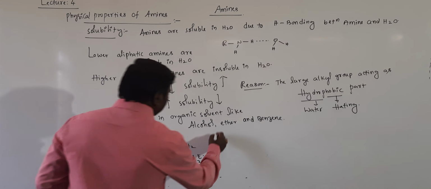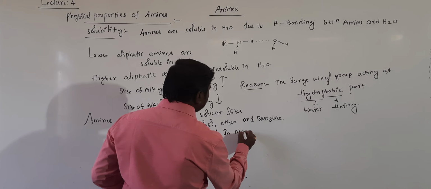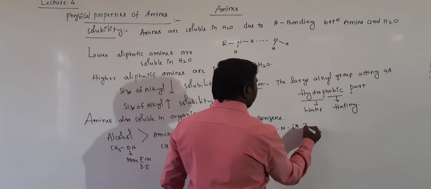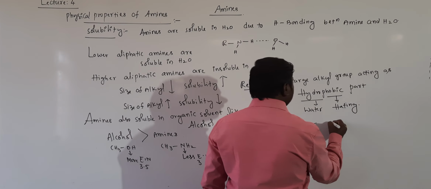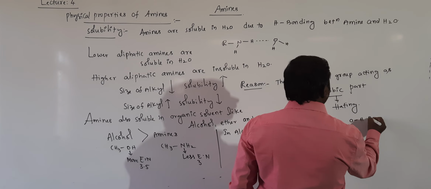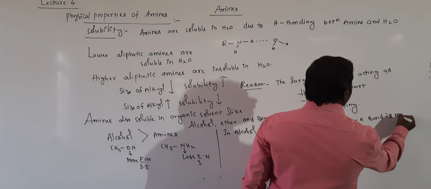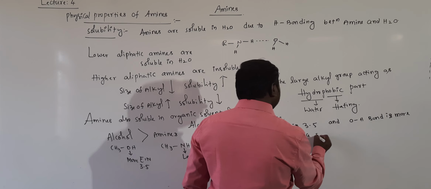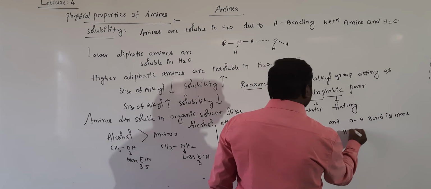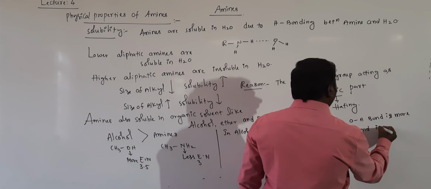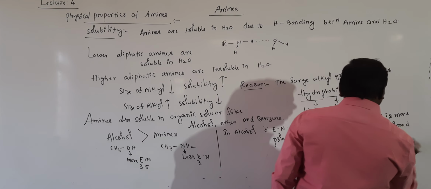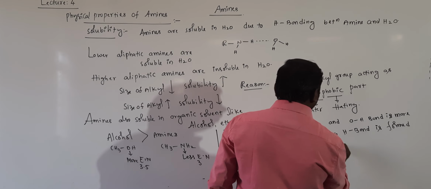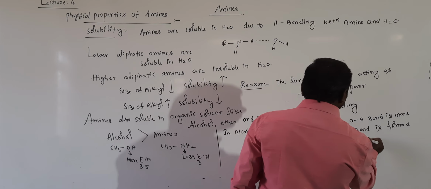Then in alcohols, oxygen electronegativity is 3.5 and the OH bond is more polar, hence a strong hydrogen bond is formed between alcohol and water.